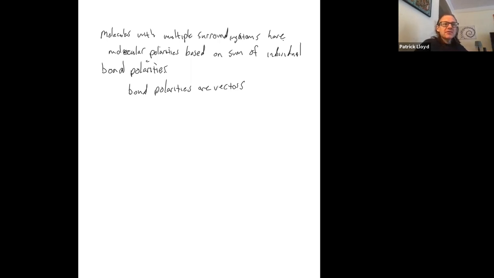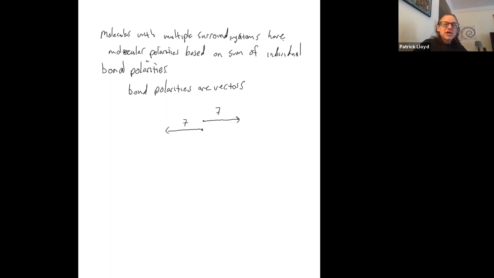So if I add 3 cats plus 4 cats, I have 7 cats. But if I add 2 vectors that have a magnitude of 3 and 4, that answer might not be 7 because it depends on the direction of the vectors. So what I mean by that is, suppose I have a vector with a magnitude of 7, and I have another vector with a magnitude of 7, but it's pointing in the opposite direction.